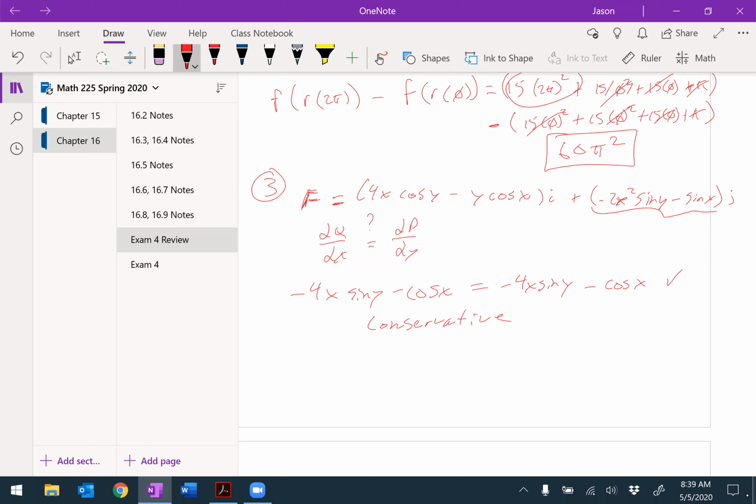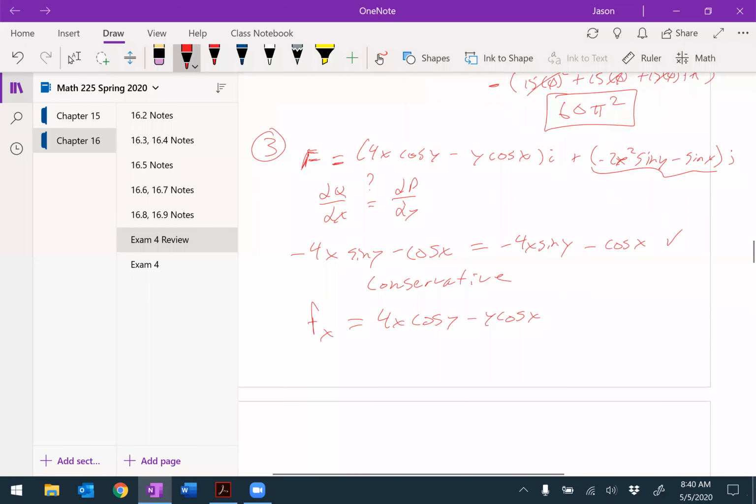We want to integrate these each. So I'm just going to go f sub x is equal to 4x cosine y minus y cosine x. I would want to integrate with respect to x here to get the i component of my parent function. Integrating with respect to x, that's going to be 2x squared cosine y.